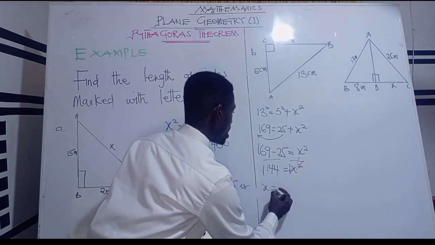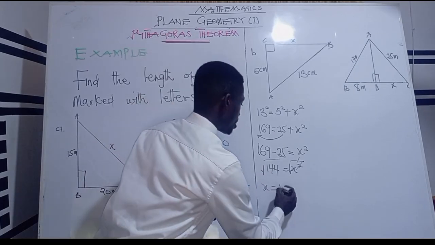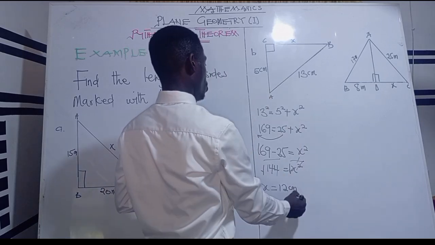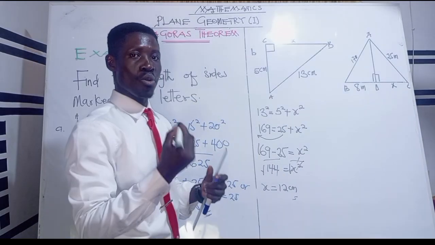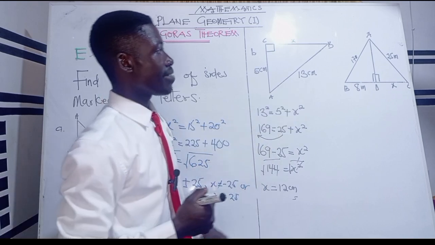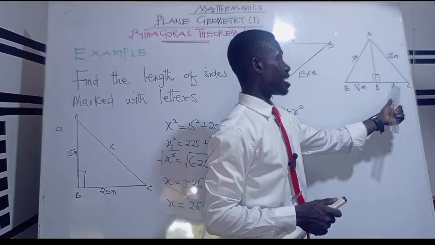You can say our x is equal to root of 144, which is 12. So we can say that our x is 12 centimeters. I hope you had 12 centimeters. Good. Now we have another example on the board. We have to find the value of x.